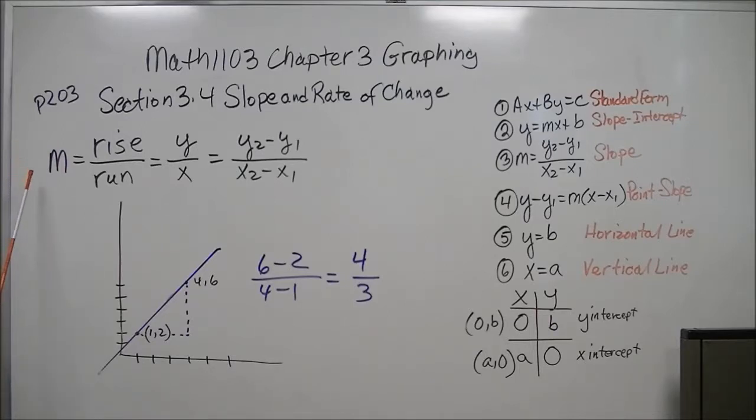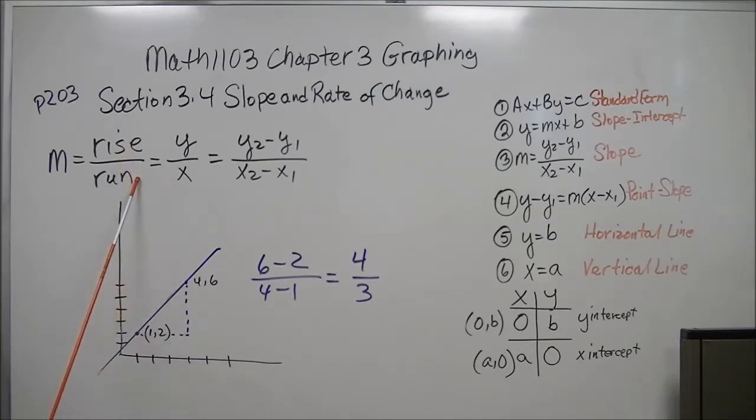Well, slope, by definition, we use the lowercase letter m to indicate slope, is a ratio of rise units over run units. So that when we're making these graphs, our vertical rise would be y units, horizontal would be x units.